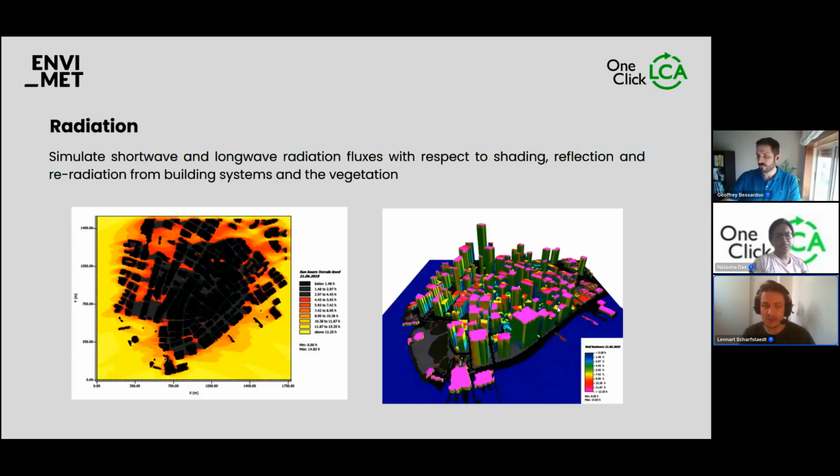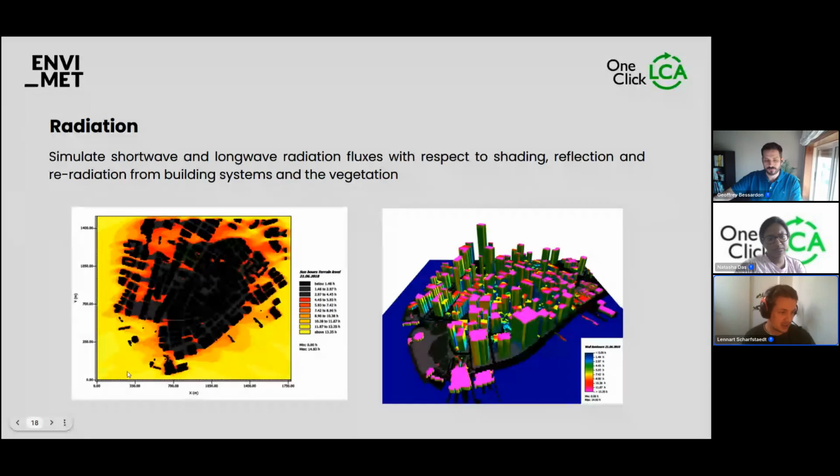So now we are just having a quick look at some of the data that you can analyze with ENVI-met. Some of the output data we will have a look at. If we're talking about radiation, we can analyze comprehensive data about that with ENVI-met. Here we have, for example, the sun hours of the different surfaces in our model.